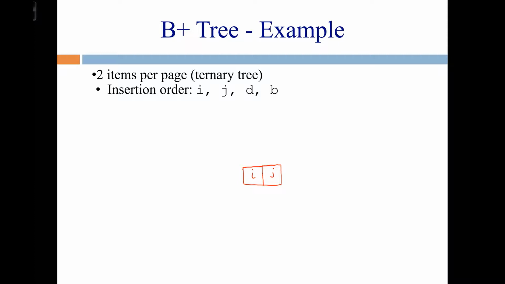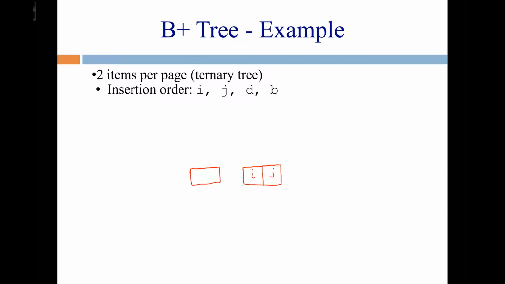So let's add the D now. We don't have enough room in this page, so we need to make a new node or a new page. Normally when you're constructing a tree, you think of when you add a new node, you go and add it as a child to some other node. But this is where the construction of a B plus tree differs. In order to maintain balance, we will add the new node as a sibling of the existing node.